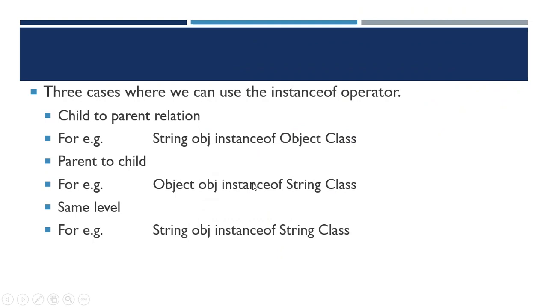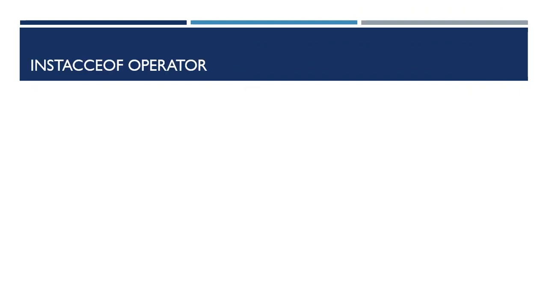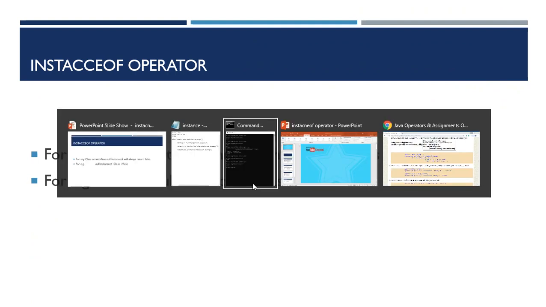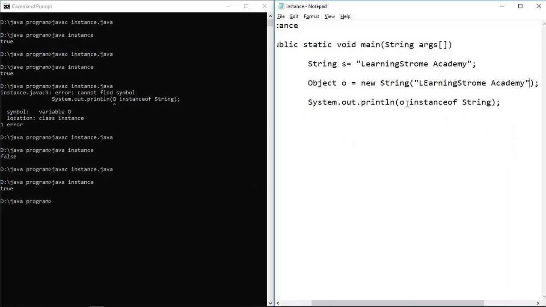This is the third rule. The fourth rule about the instanceof operator is: for any class or interface, null instanceof will always return false. As I told you, there should be some relationship between the object and the class.